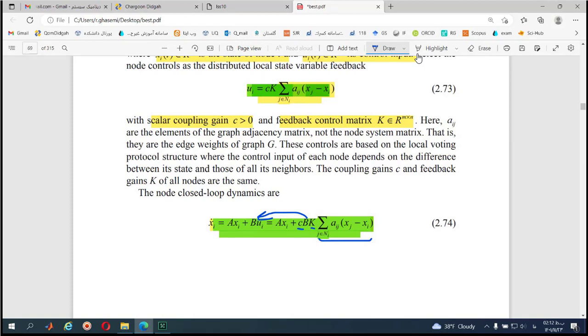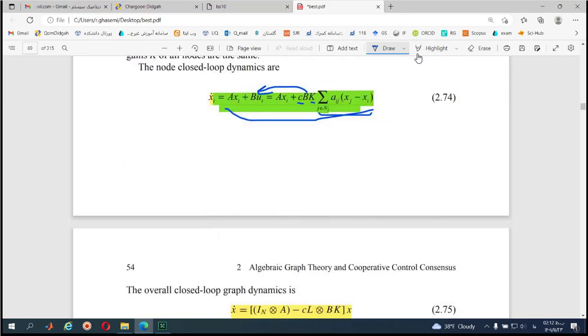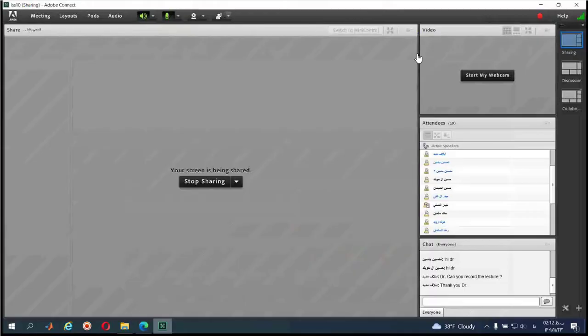Based on the mathematical manipulation that we did in the last section, we can write this dynamic in compact form.